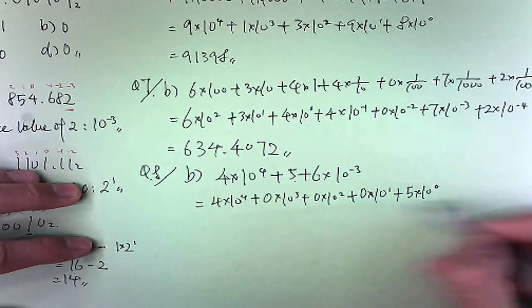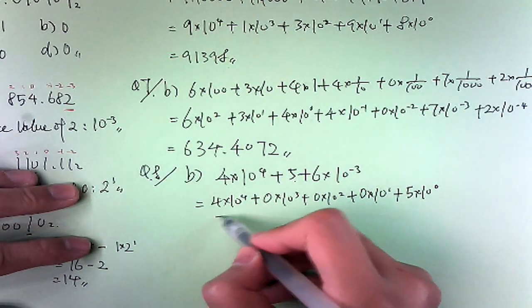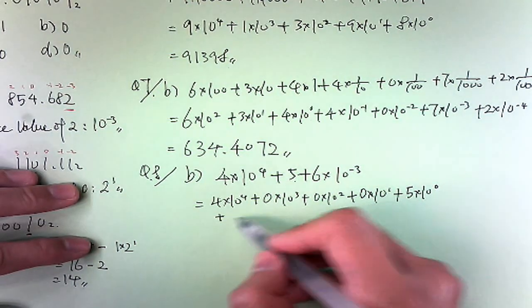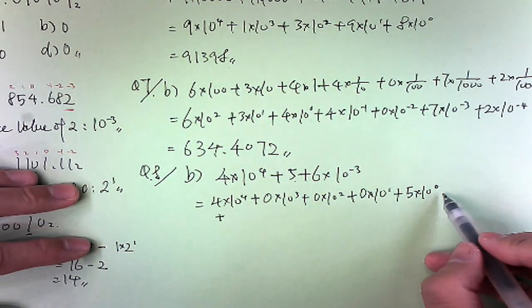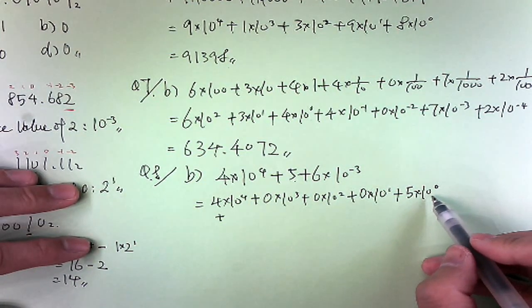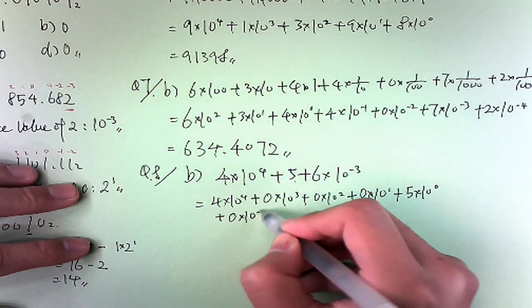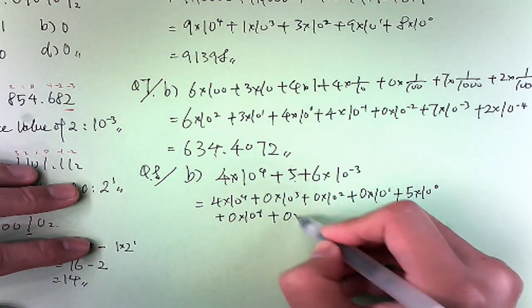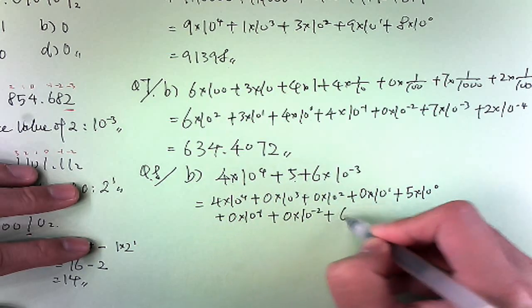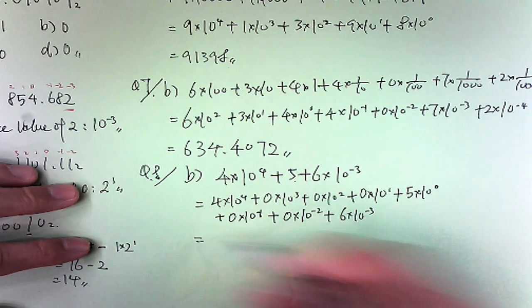And then I don't have enough space, I will make it next row. So actually it should be 10 to the power minus 1 next, right? So you make it 10 times 10 to the power minus 1, and then 10 times 10 to the power minus 2, and then this is okay.